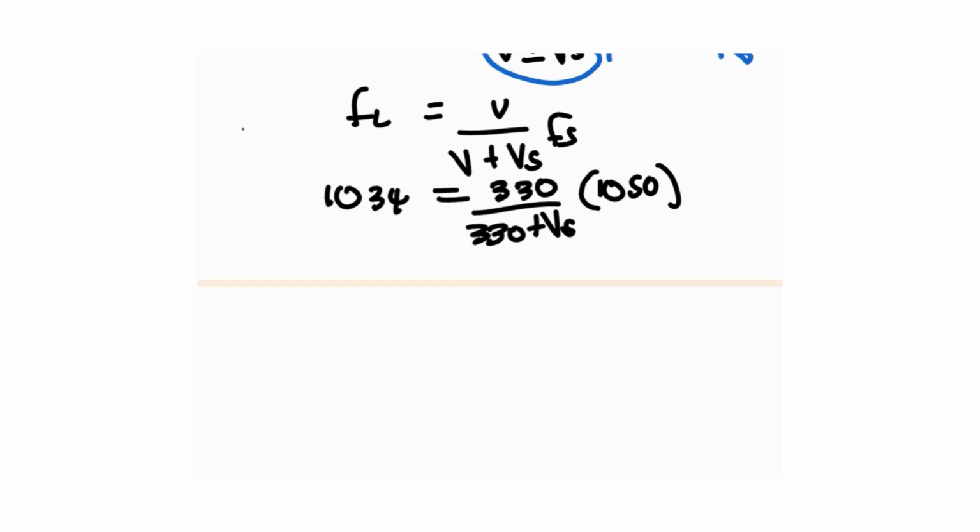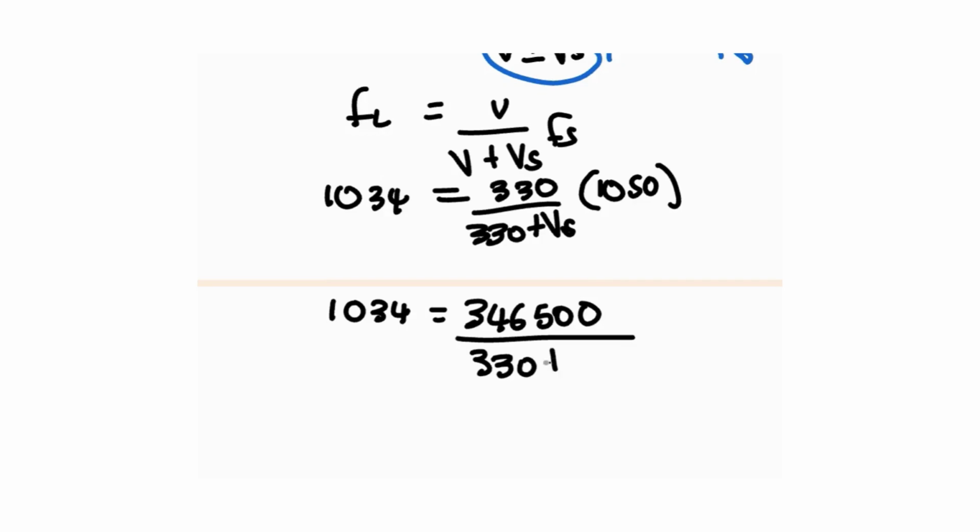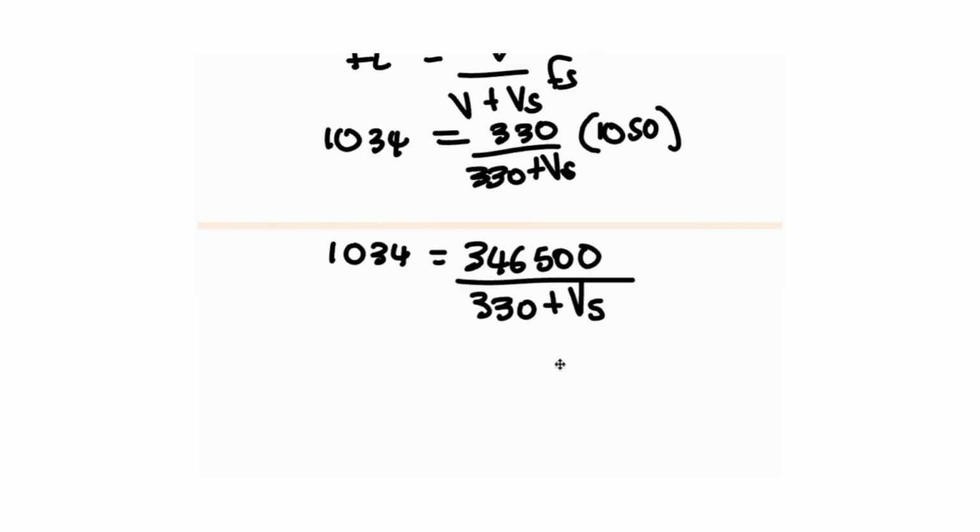Okay, so now guys, we need to use our mathematical foundation. So 330 times 1050, it gives me 346,500. Divide by 330 plus Vs, and I'm going to multiply with the denominator.